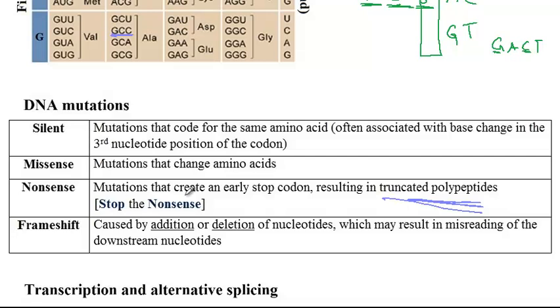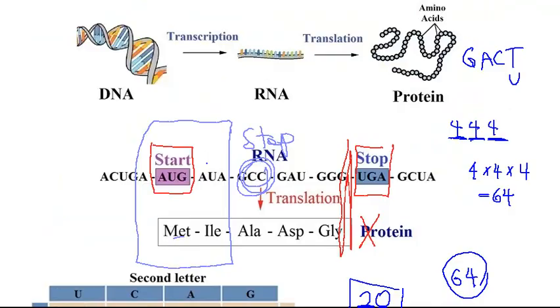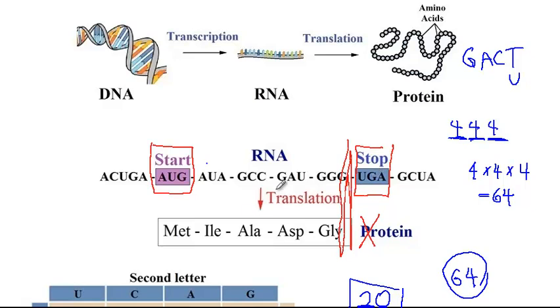And then finally, we can have frameshift mutation, where if there is an addition or deletion of a nucleotide, there will be misreading of the entire downstream nucleotides. And let me show you what I mean by that. So let's say that here I either delete one of these nucleotides, or let's say that I add one. Let's say I delete one, that's easier. So let's say here I delete this one.